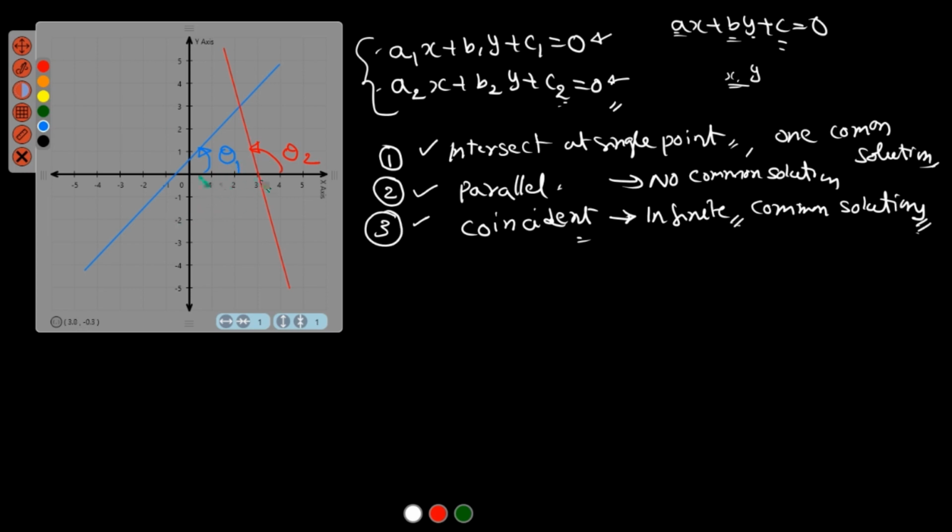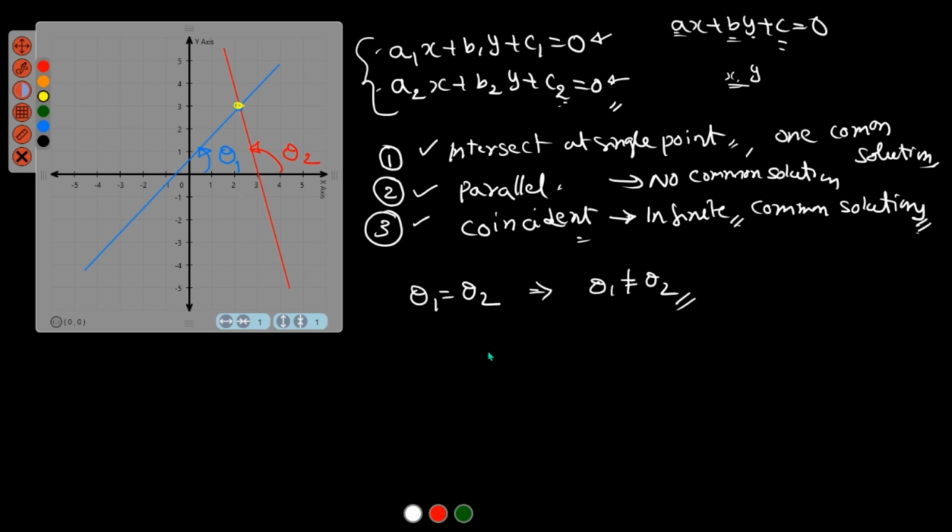If these two angles are the same, theta 1 is equal to theta 2, then the two lines are parallel or coincident. If theta 1 is not equal to theta 2, then both lines will intersect at a single point. That is the point of intersection, and it is the common solution.